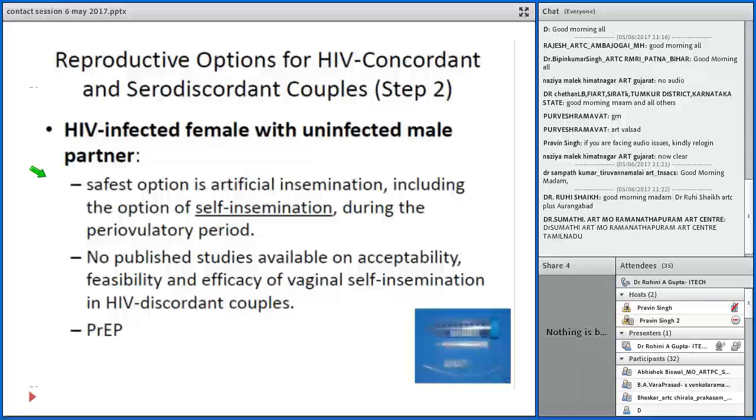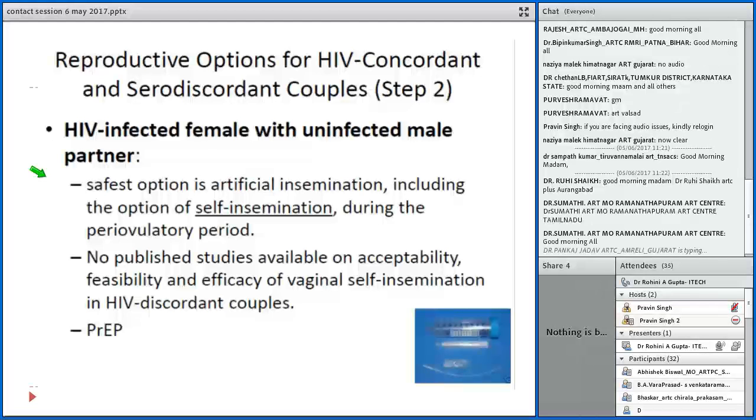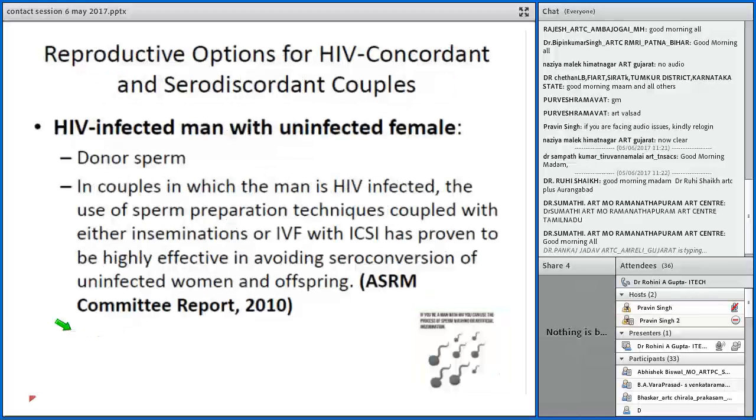An option of self-insemination during the peri-ovulatory period shows that pregnancy in this way would be effective and the non-infected partner will not get infected. But no studies have been done on this, and the other thing is to use PrEP if you're not going to be doing an artificial insemination.